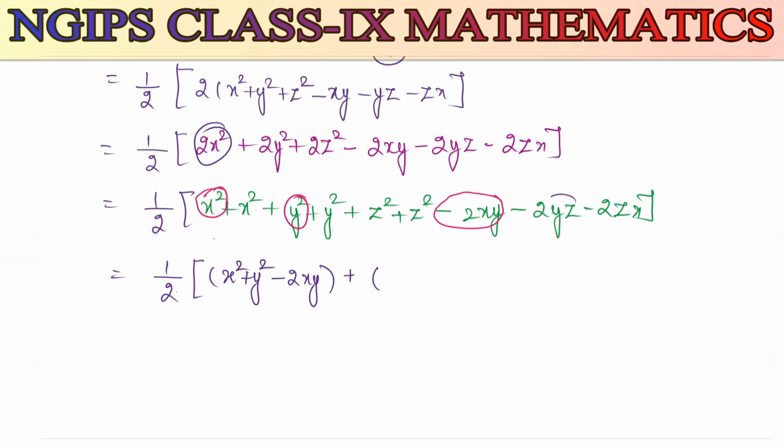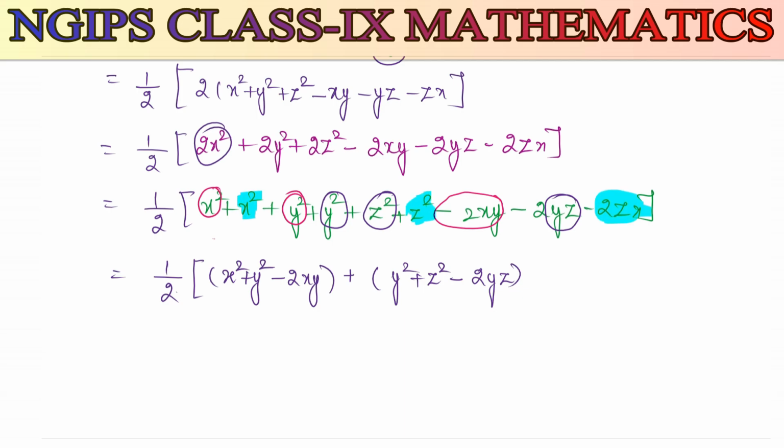So I will take one y square and one z square, so I can write y square plus z square minus 2yz. Here the leftover is x square and z square, and the whole term is 2zx. I make it a group, so we get plus x square plus z square minus 2zx.